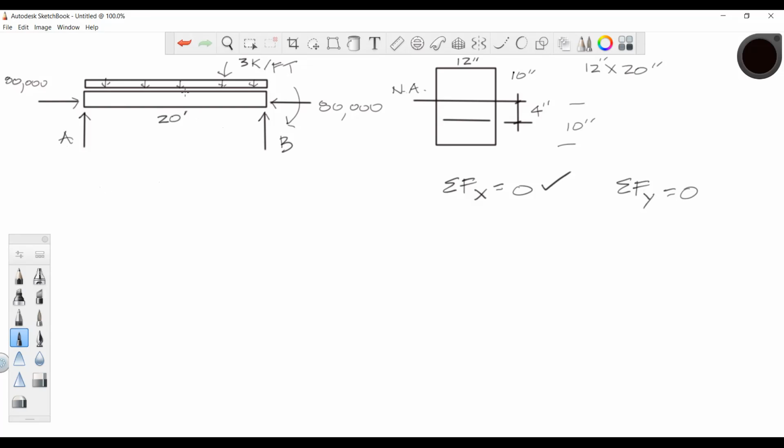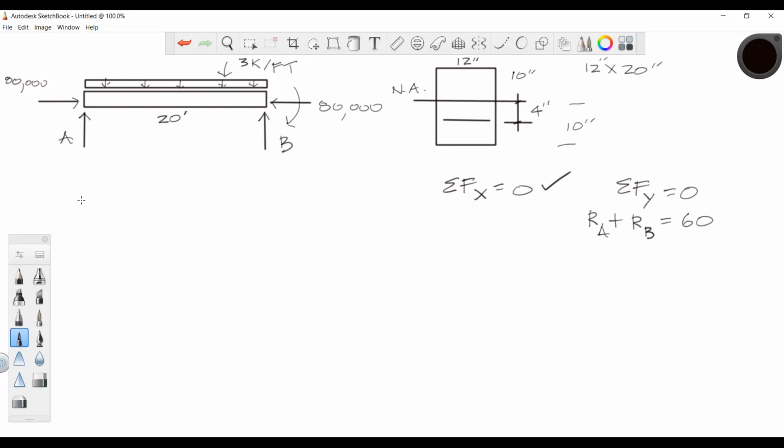So we have the reaction of A plus the reaction of B has to equal 20 times 3. What does that give us? 20 times 3, 60 kips. So that has to equal 60 kips.